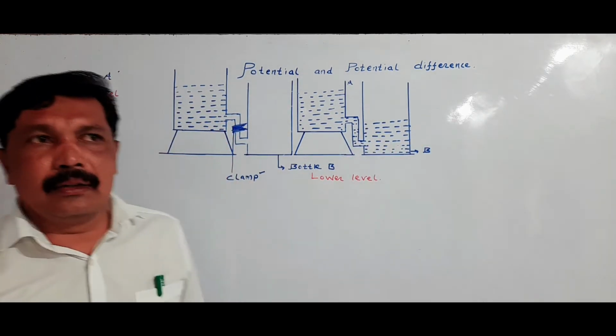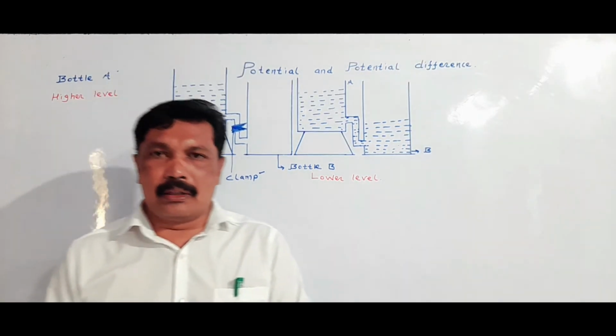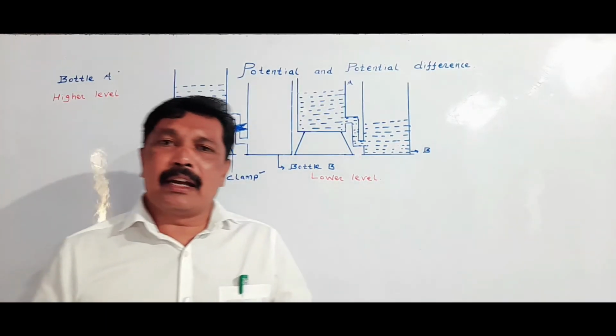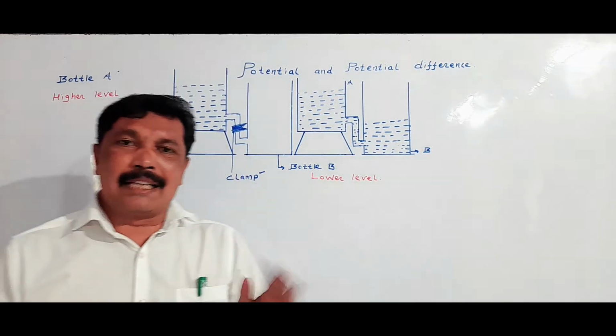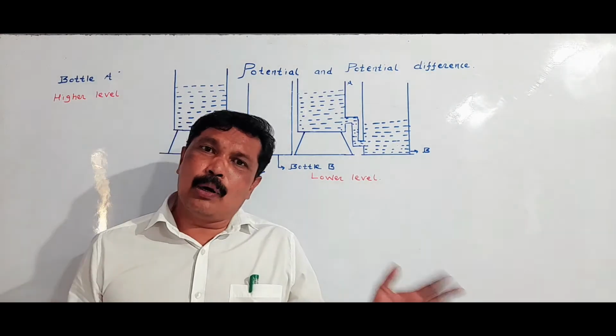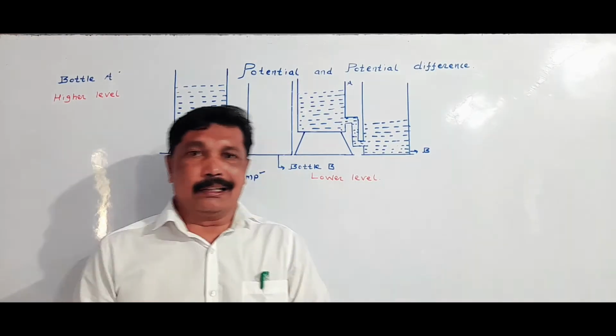My dear student, in this setup, we have taken two plastic bottles. These plastic bottles we have kept at different heights. Let plastic bottle A be kept at higher level and plastic bottle B kept at the ground level, which is at lower level.